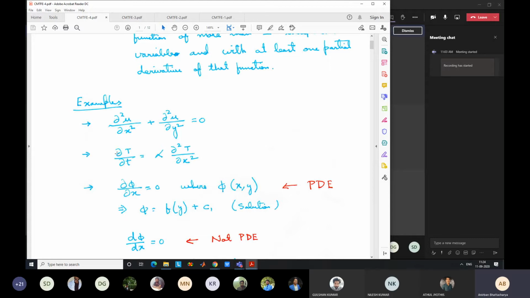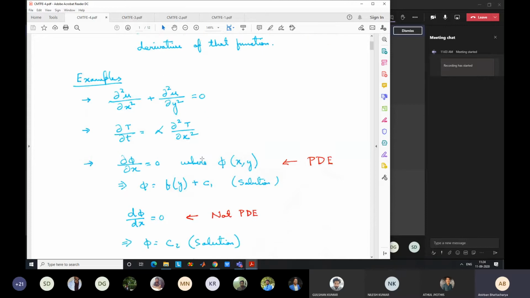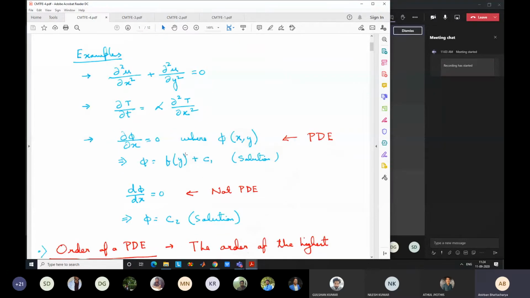This is also a PDE, and we have the partial derivatives. This is also a partial derivative, del phi by del x equal to 0, if phi is a function of not only x. So say phi is a function of both x and y.